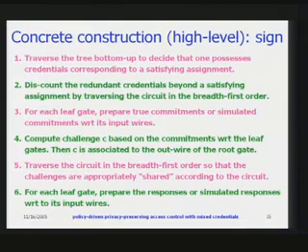Top-down, in breadth-first order, you calculate the challenges for each input wire of each leaf gate, so that they are consistent with the gates. If it is an AND you do it a certain way, if it is an OR you do it a certain other way, and if it is a threshold, you do it another way.